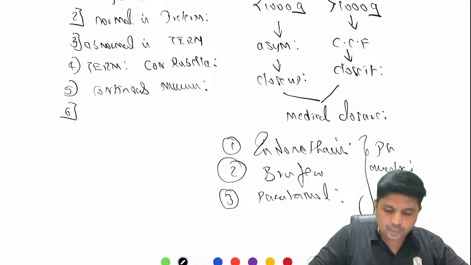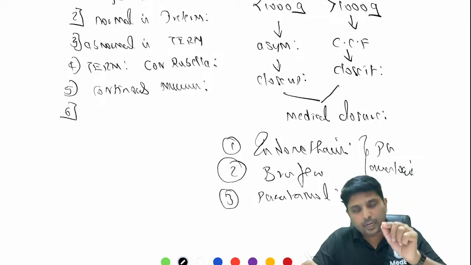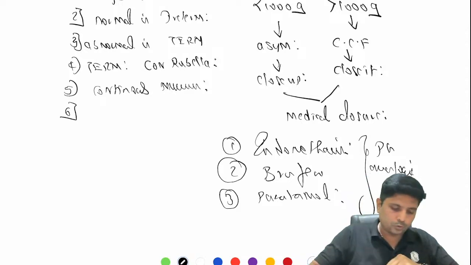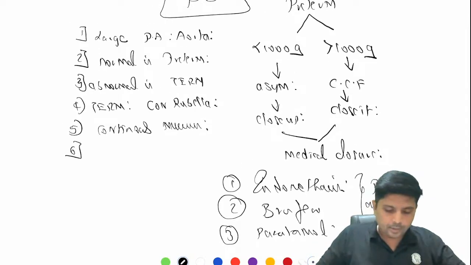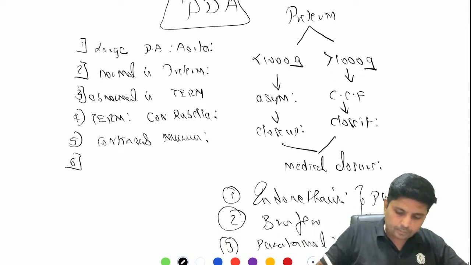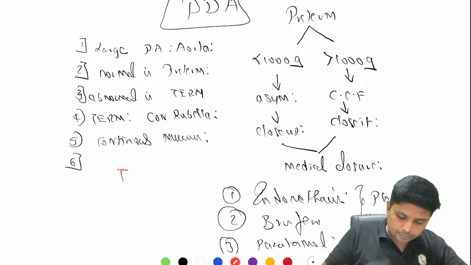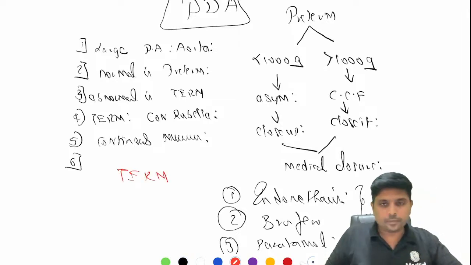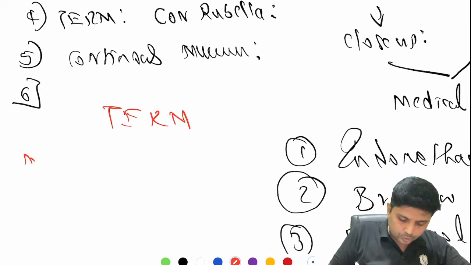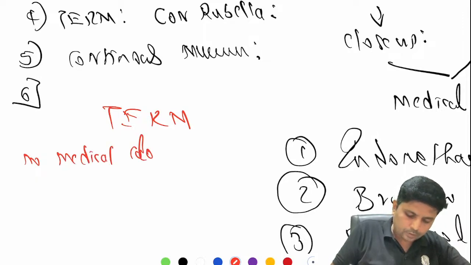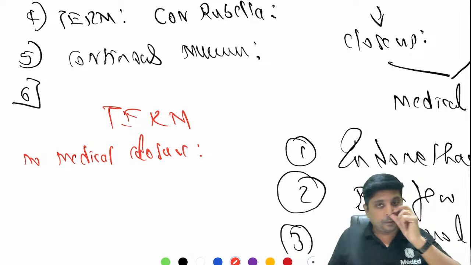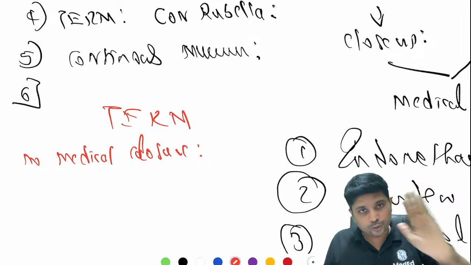When you use a prostaglandin antagonist, the ductus arteriosus will close. Whereas in term, no medical closure is possible.